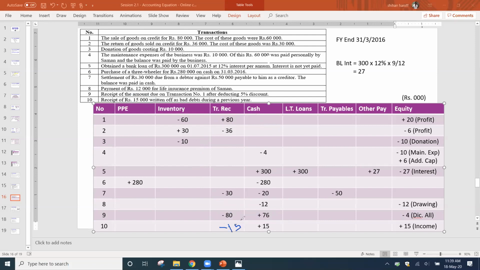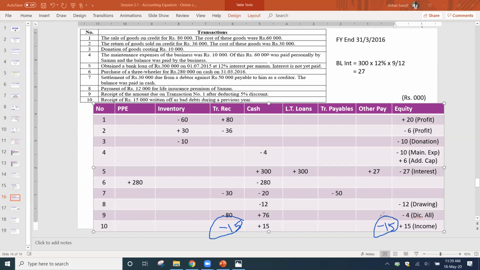Trade receivables, the debtors account, will be deducted, and it is treated as an expense in the income statement. Equity will be minus. Trade receivable minus, equity minus. That is how you record the bad debt.